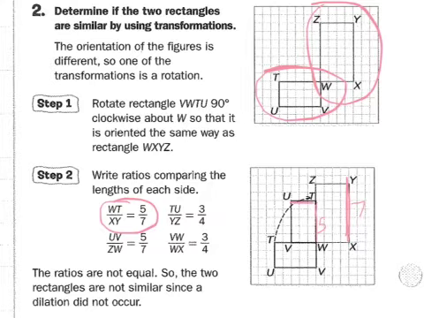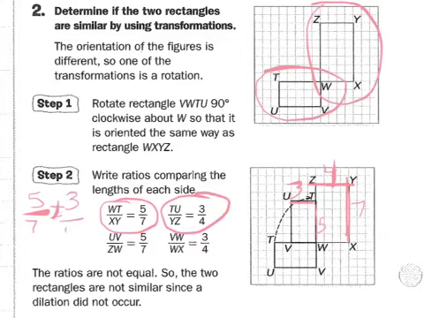TU on the smaller rectangle is 3 units, and it corresponds to YZ on the larger rectangle, which is 4 units. So I can write that ratio 3/4. Now you could write the other two, but you can probably already tell that 5/7 does not equal 3/4. So these two rectangles are not similar.